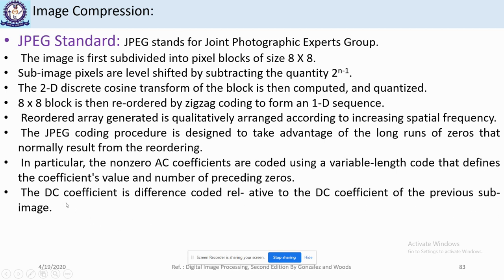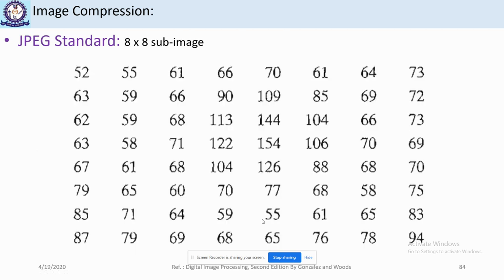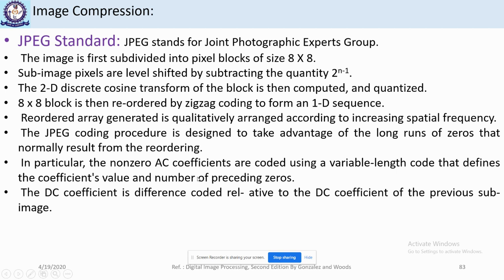That means for the DC coefficient, we take the difference from the previous coded subimage, and then we write a variable length code for it. So the DC coefficient of the previously coded subimage and the current subimage DC coefficient are taken, the difference is taken, and the difference is coded using variable length coding, or Huffman code. Okay, so this is the outline of the JPEG standard.